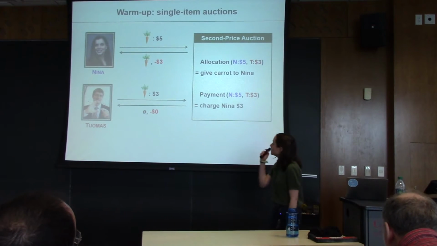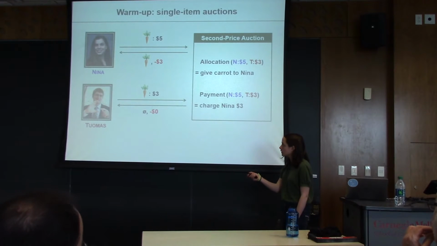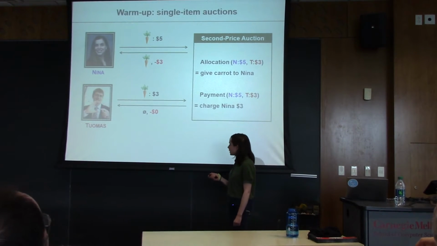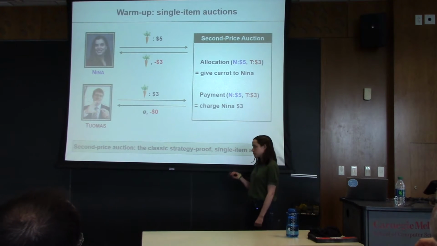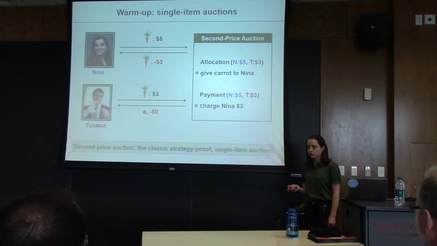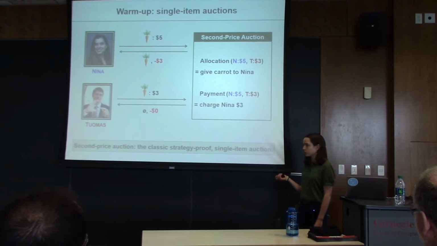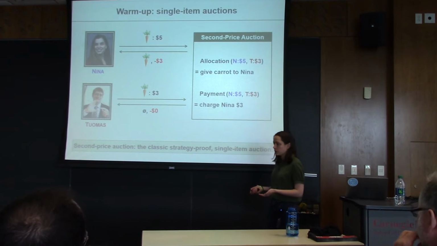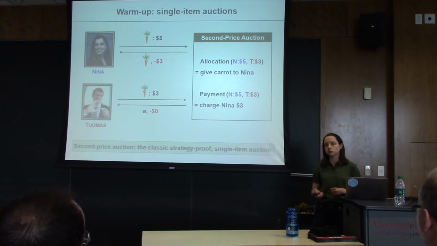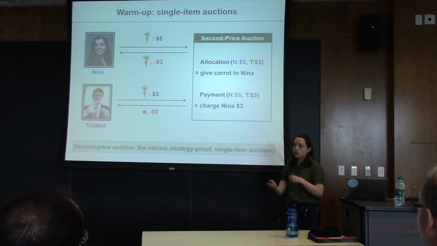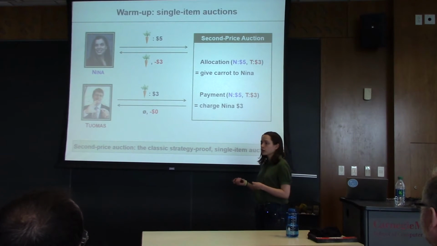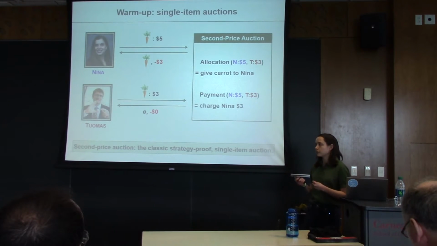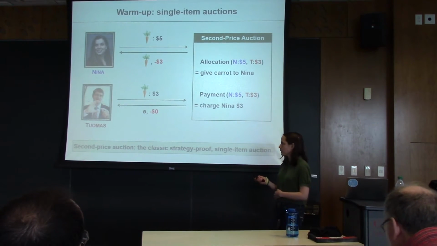So here, we would give the carrot to Nina and charge her $3, which was Tuomas's bid. It's really simple to prove that the second price auction is strategy proof. It won't necessarily maximize revenue, but it will maximize the social welfare of the bidders. But we are the auction designers in this research project, and we want to maximize revenue. So that is our goal.